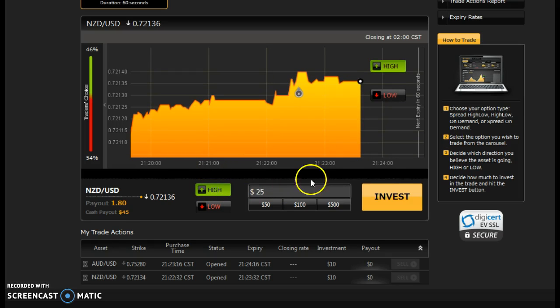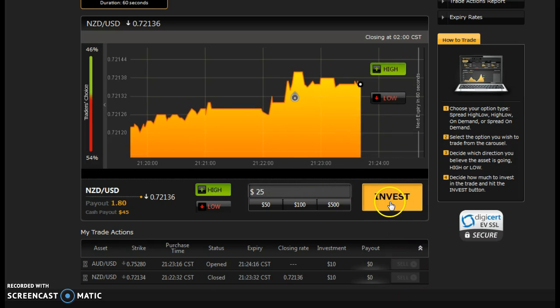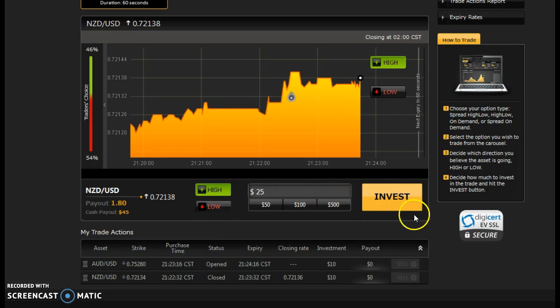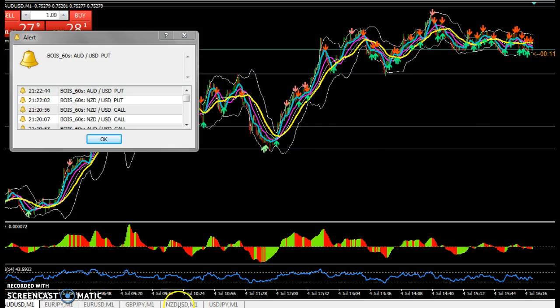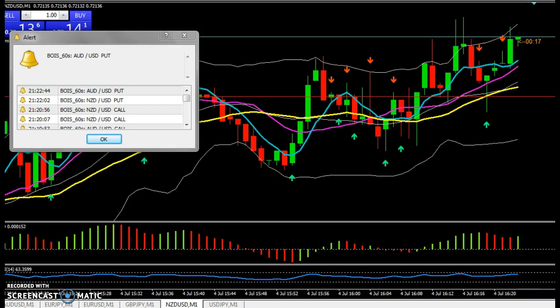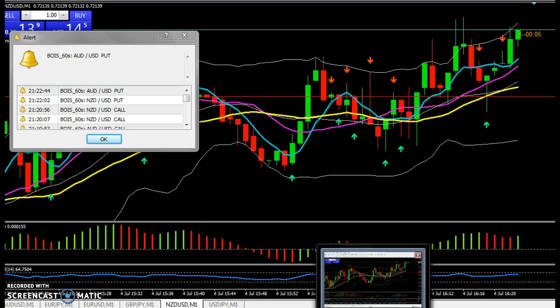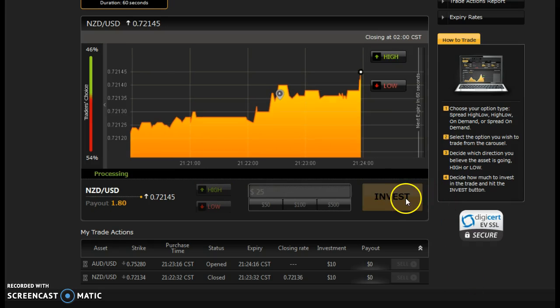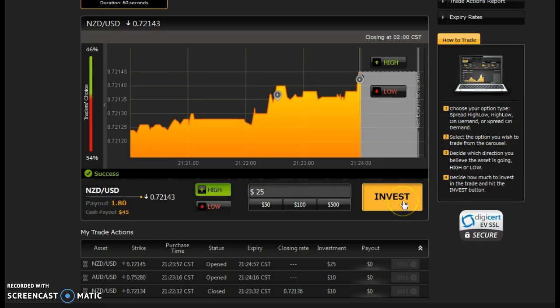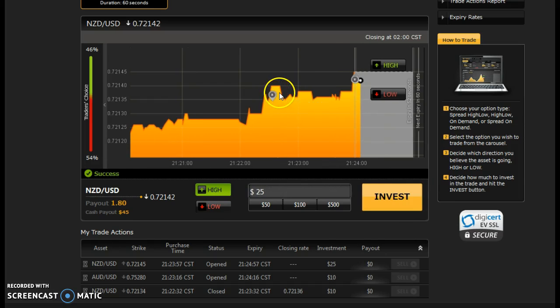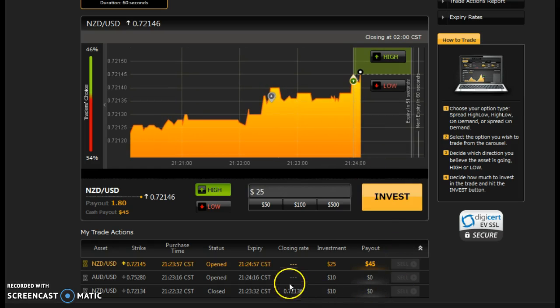Brazilian USD not going down yet till now. Looking strong on the upside, so looking like it's going to be a call. Should have taken it right at the expiry here. But we'll see what happens.